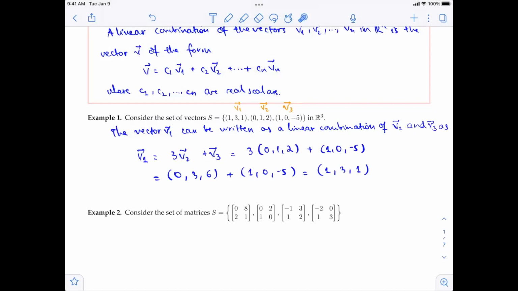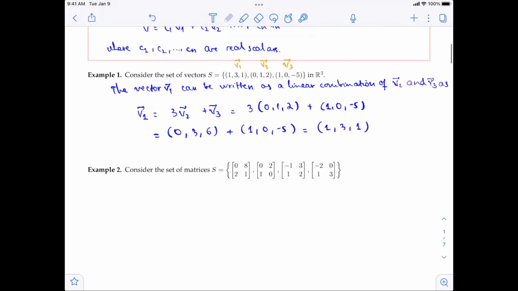In the next example, I have a set of 2 by 2 matrices. Let me call these M1, M2, M3, M4.